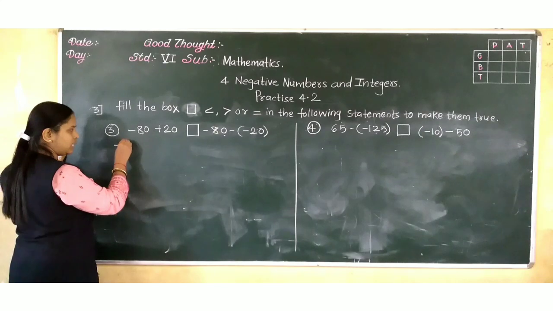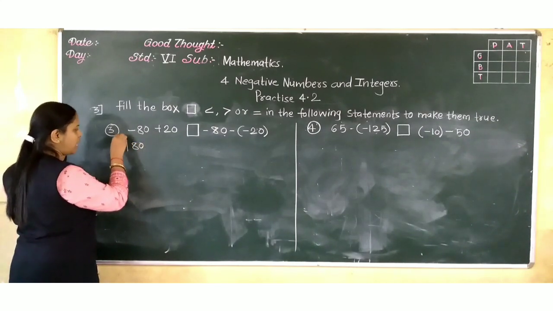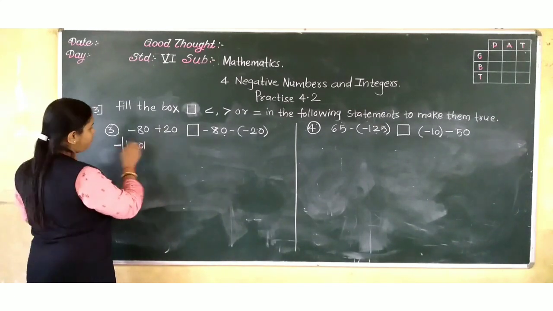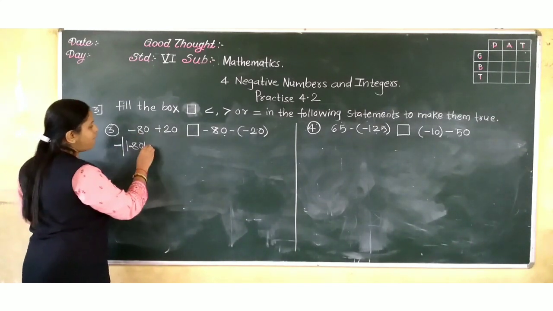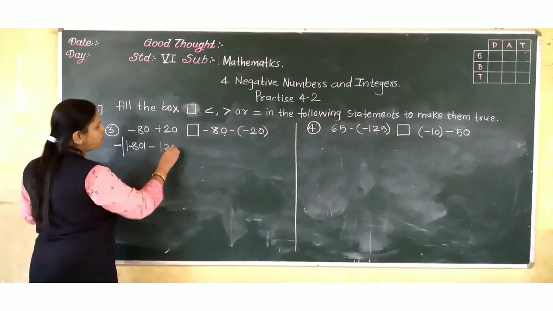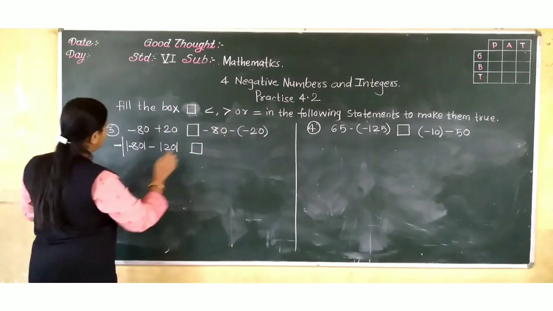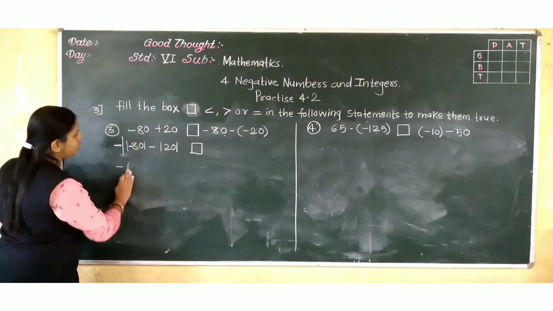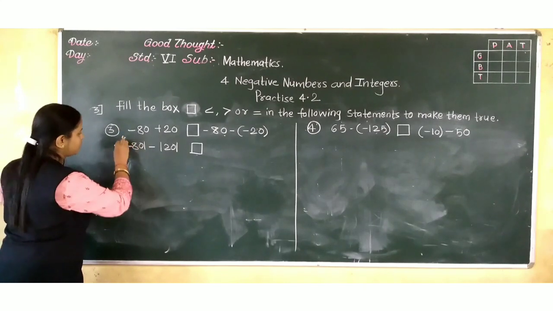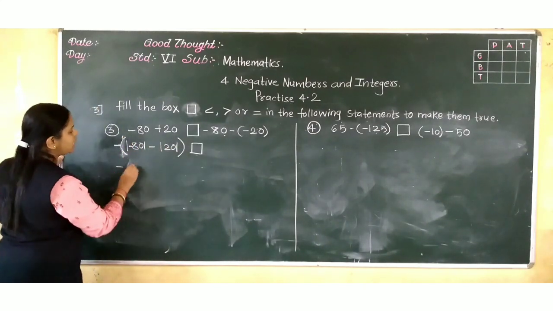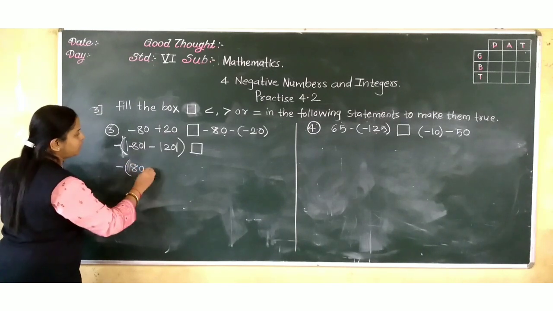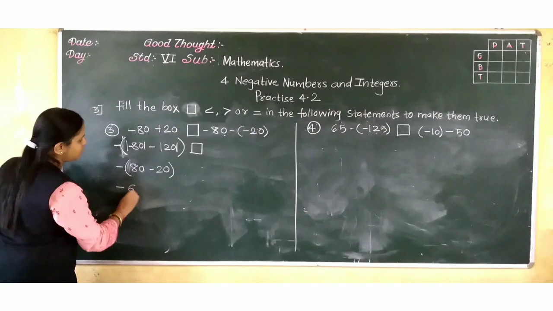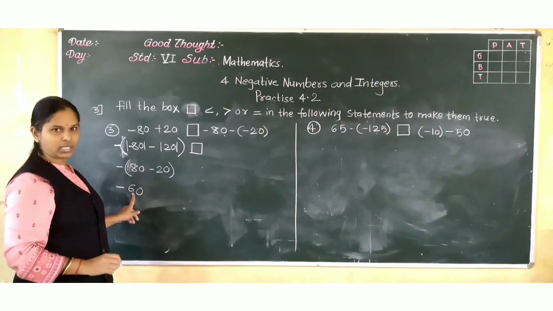And we have to do the subtraction of the absolute values. The final answer will be negative, because of this, minus the absolute value of 20. So the absolute value of minus 80 is 80, minus 20. So 80 minus 20 is 60. Here minus 60 we got on this side.